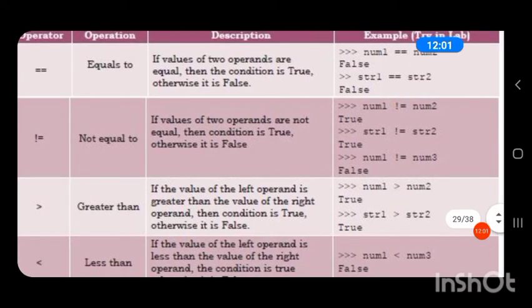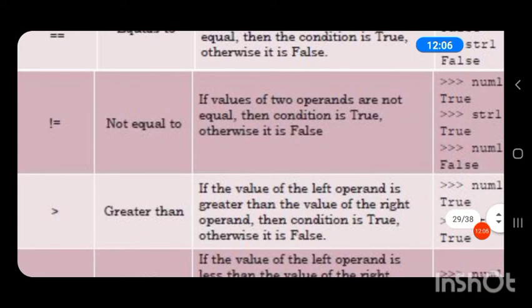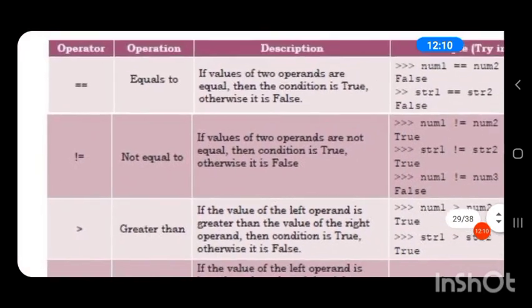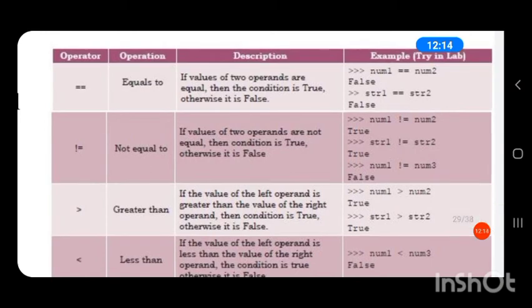Next, you can see an exclamation symbol and then an equal to. It is called not equal to. This exclamation symbol and equal to is called not equal to. If values of two operands are not equal, then the condition is true. Otherwise, it is false.